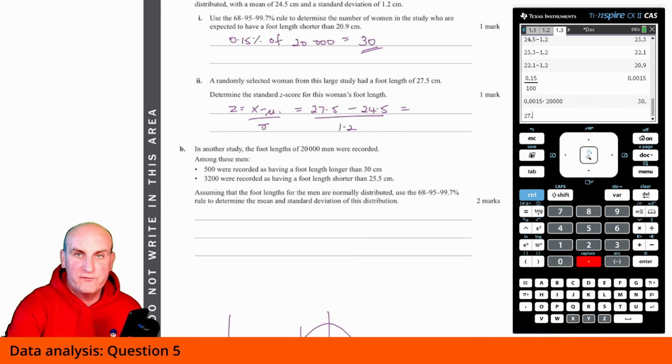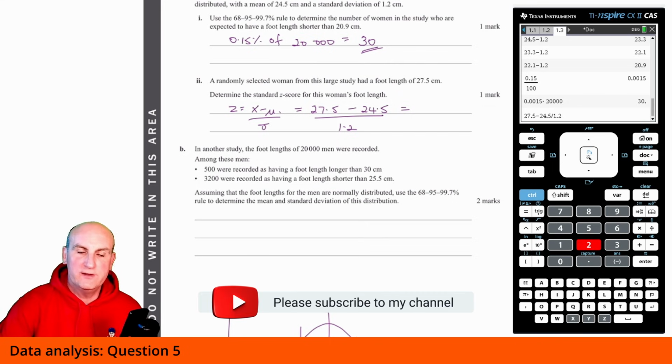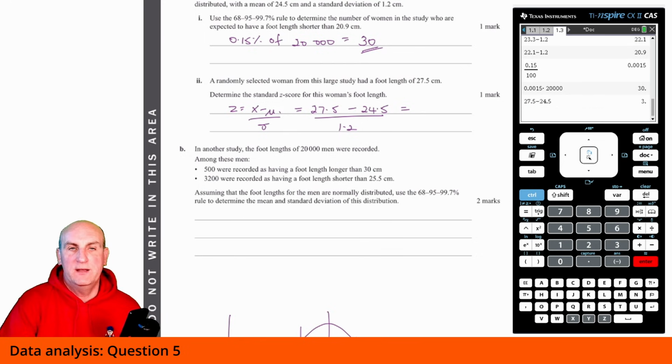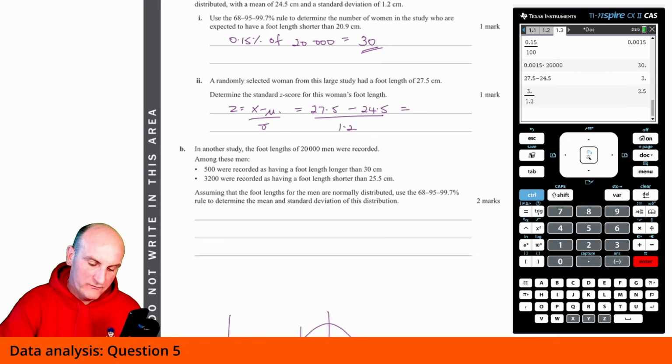So I got 27.5 minus 24.5. Now, again, a lot of people will then go divide 1.2. Don't do that, because all that's happening now is that 24.5 is divided by 1.2. It doesn't take too much longer to hit enter. Make sure we get that answer there, and then divide it by 1.2, hit enter, it gives me 2.5. Right, so I have a Z-score of 2.5.